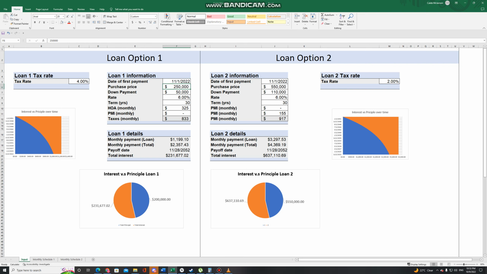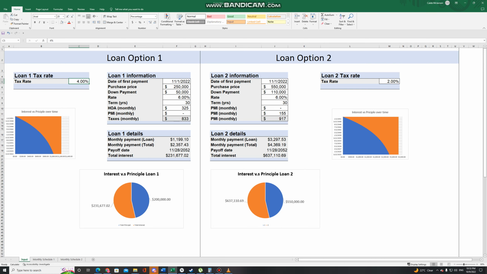Now, the reason this isn't the mortgage amount is because it is necessary to approximate the monthly taxes. So what we have here is you put the tax rate for that local area for the house you're going to purchase. Like I know houses in the city typically have higher rates, so about 4% is about what my research is.